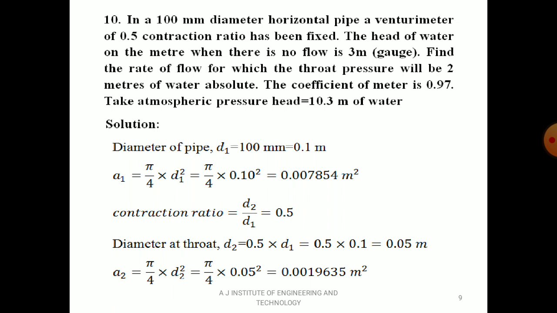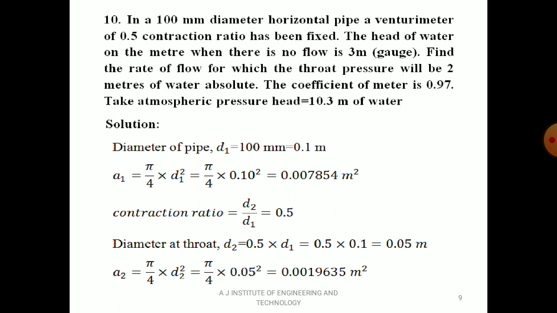So you have to get the P2 by rho g, it is given in absolute pressure. So you cannot have different units for two pressures. So our pressure heads have to be in terms of the same unit. For getting the pressure in absolute terms, the absolute atmospheric pressure head is given. That is 10.3 meter of water.